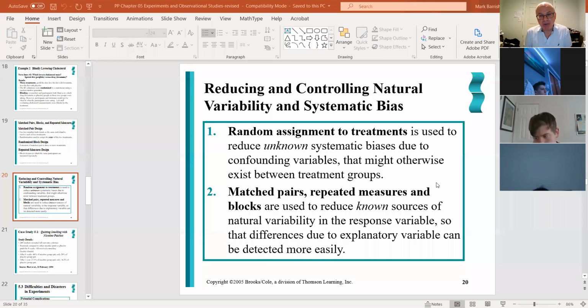So does that make sense? Random assignment is to get rid of those other variables that we are unaware of. And these other designs, matched pairs, repeated measures, and blocks are used to get rid of other variables that we are aware of. Okay, and then what happens as a result of doing all this? We can say that the changes in the explanatory variable are causing the changes in the response variable. That's the whole idea.